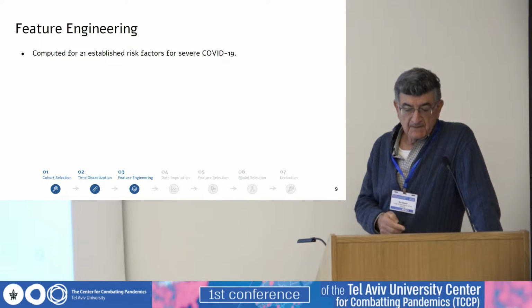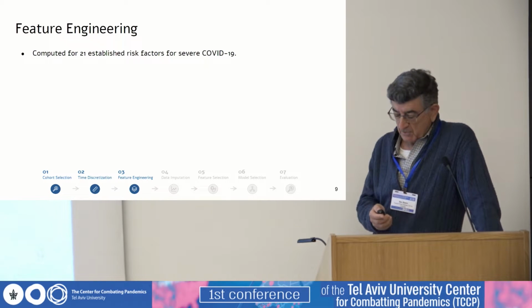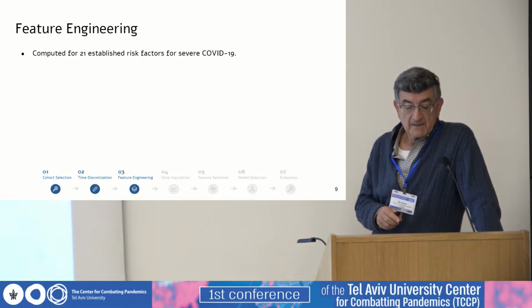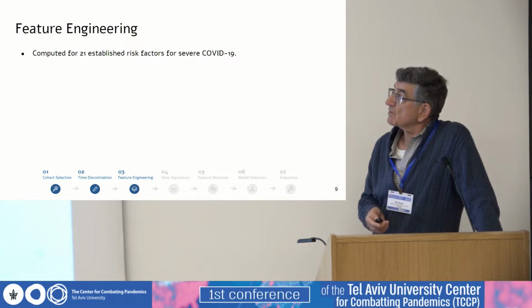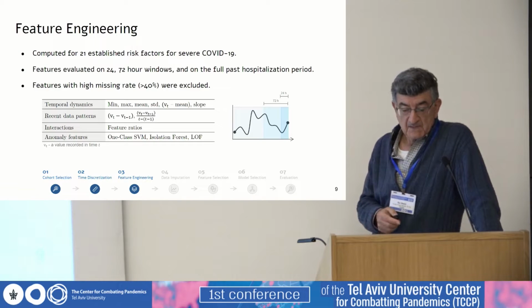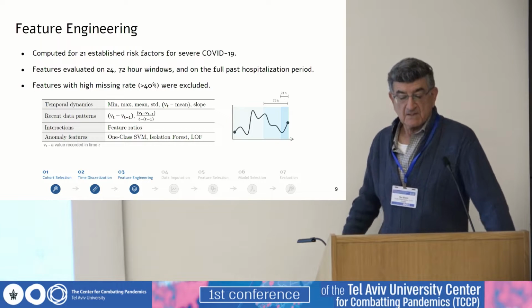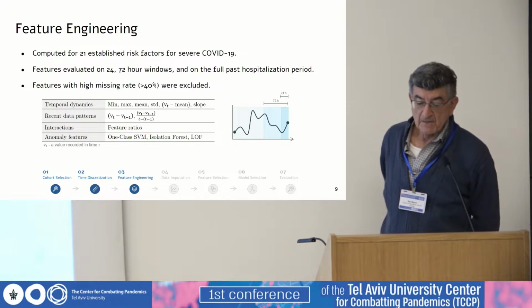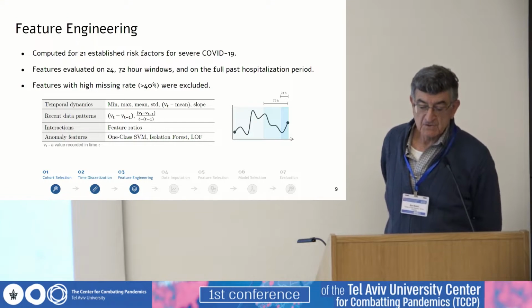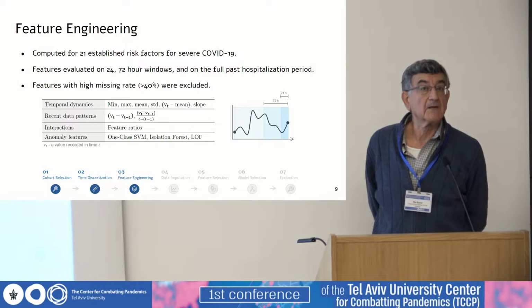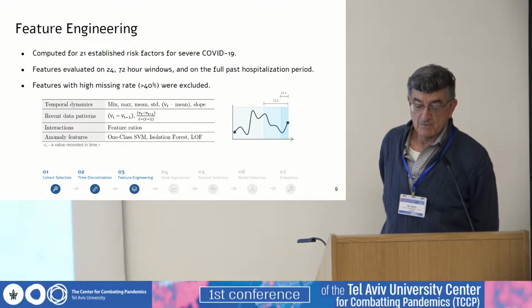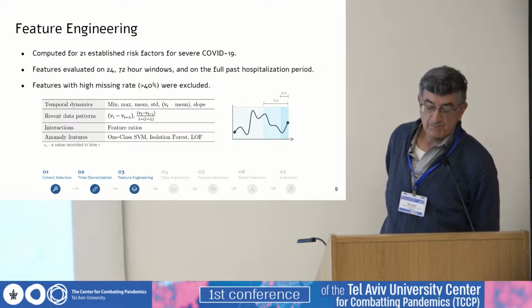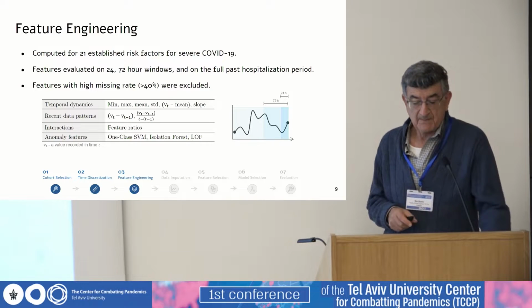In terms of the features that we used, we looked at 21 established risk factor scores for severe COVID. And from each of these measurements, we created multiple features, looking at windows of 24, 72 hours and the full hospitalization period until the current time point.